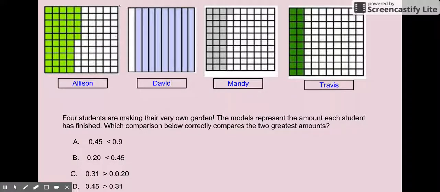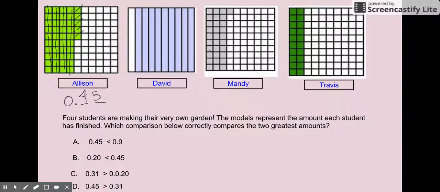If this is in the hundredths, because we can see there's 100 pieces, we know it's in the hundredths place. 0 point, we're going to have a tenths and a hundredths. So let's see. 10, 20, 30, 40, 41, 42, 43, 44, 45. We have 45 hundredths in this model.